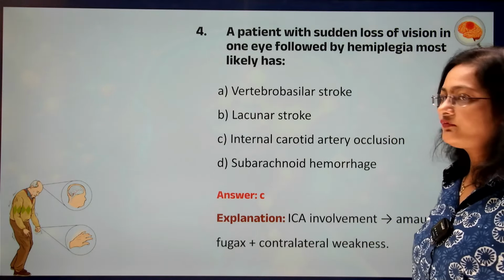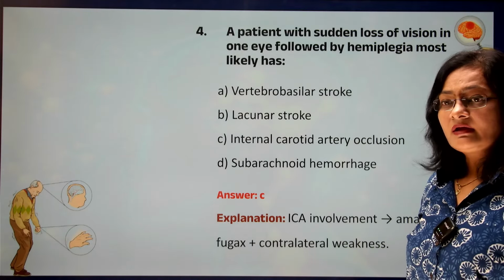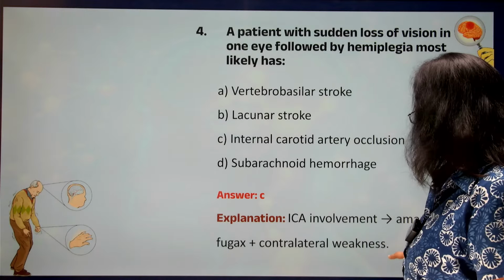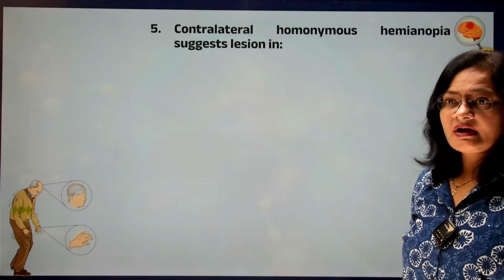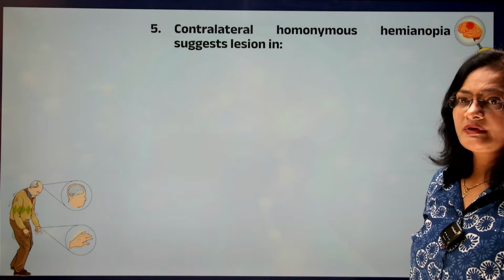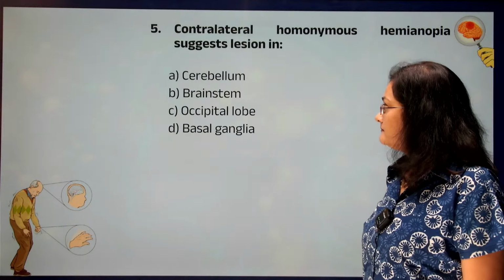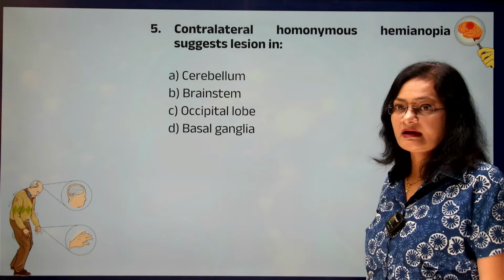When there is affection of the internal carotid artery, there will be symptoms related to vision. Contralateral homonymous hemianopia suggests a lesion in the cerebellum, brainstem, occipital lobe or basal ganglia.